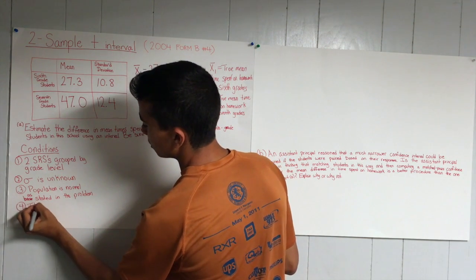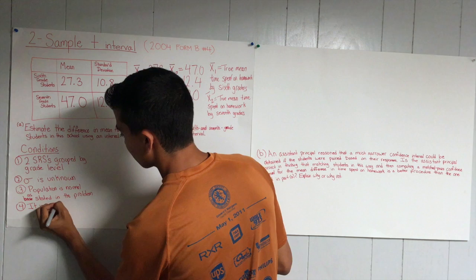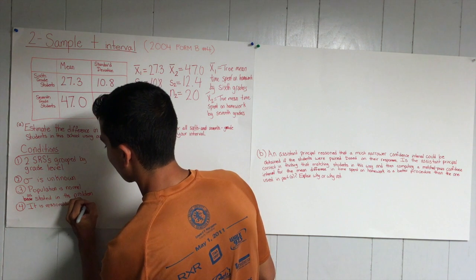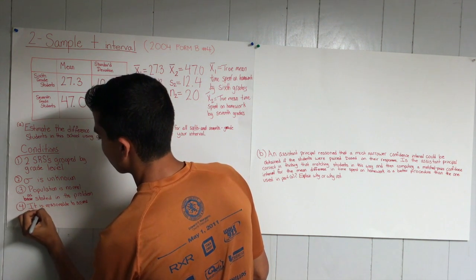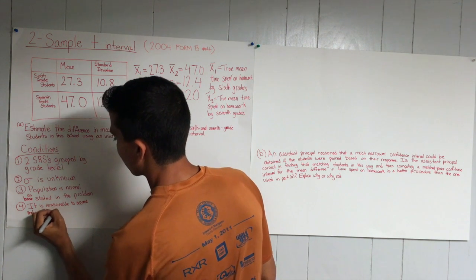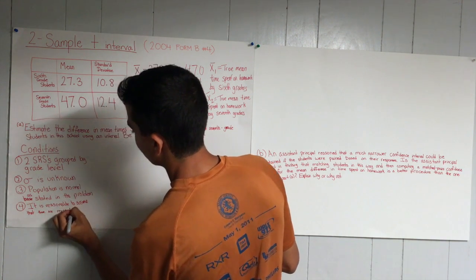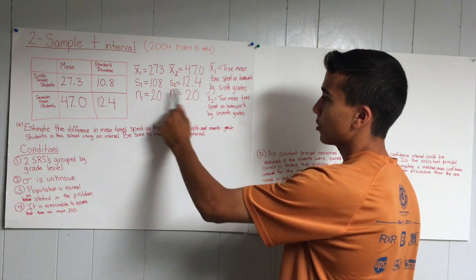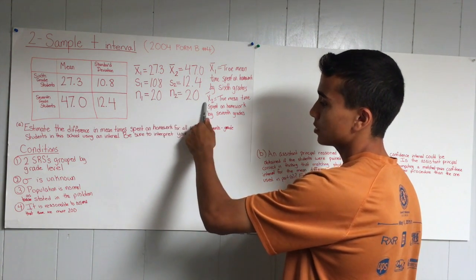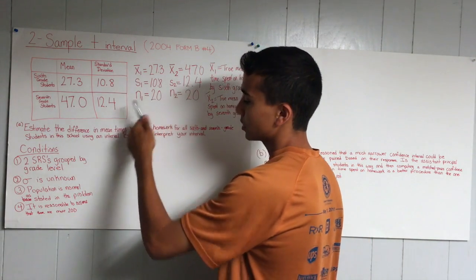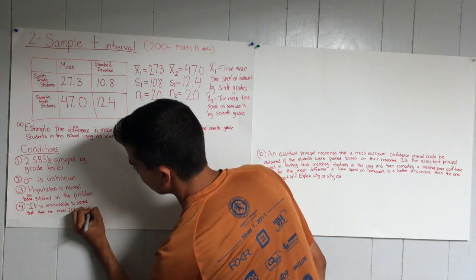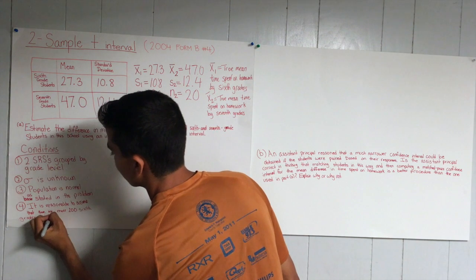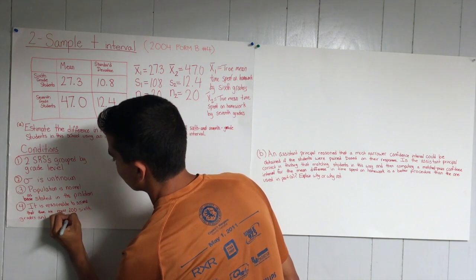So I'm going to say it is reasonable to assume that there are more than 200, because you have to multiply both samples, both sample sizes by 10, so there are more than 200 6th graders and also more than 200 7th graders in the school.